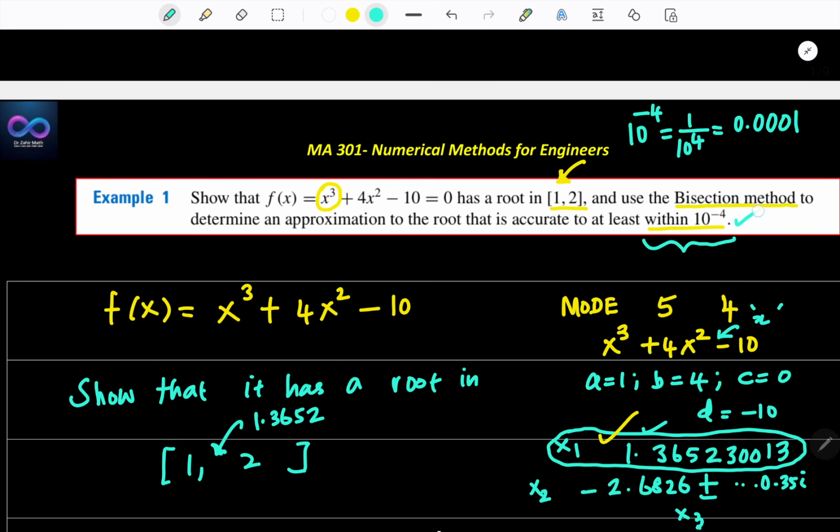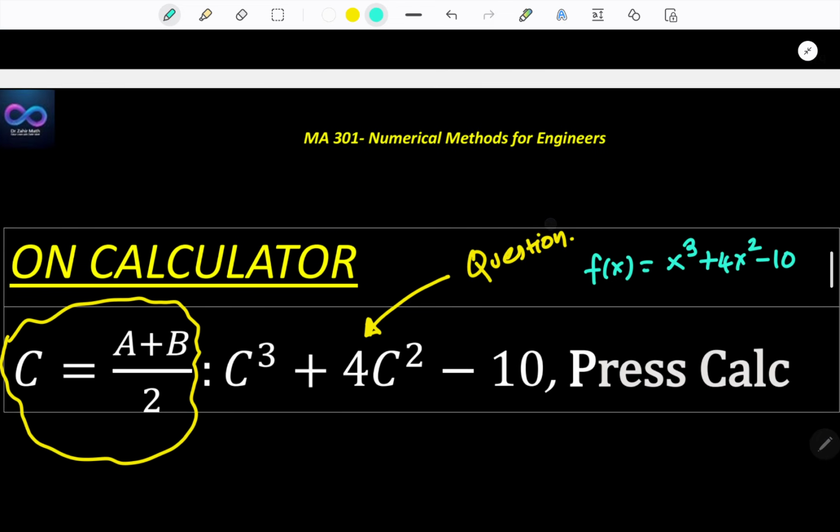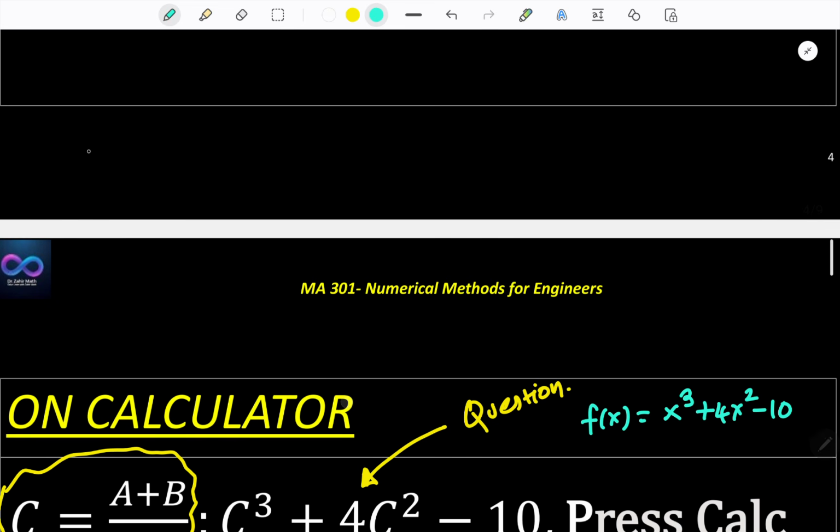Whenever the question gives 10 power minus 4, you have to keep 4 decimal places in the calculator. Keep in your mind, before starting, first fix your calculator for 4 decimal values.